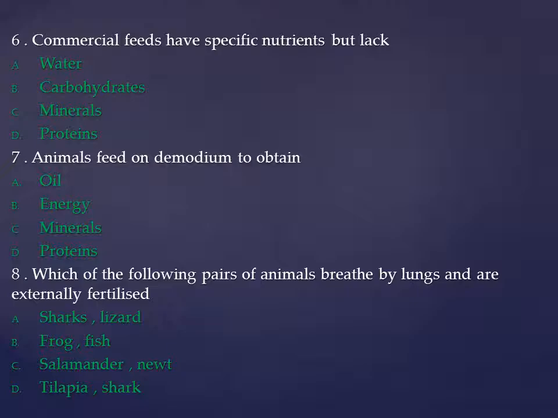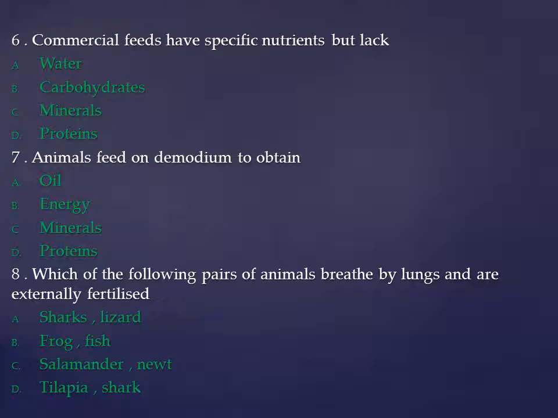Question 6. Commercial feeds have specific nutrients but lack dash. Commercial feeds have specific nutrients but there is something which they lack. Points which you must have on your fingertips. 1.